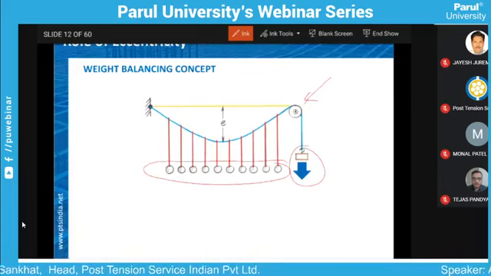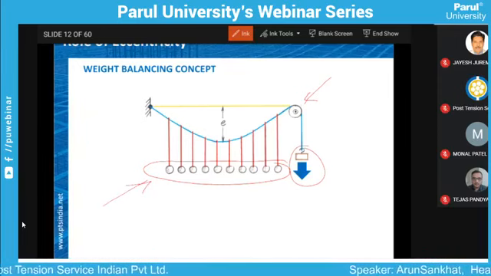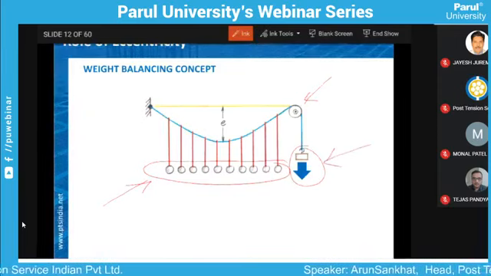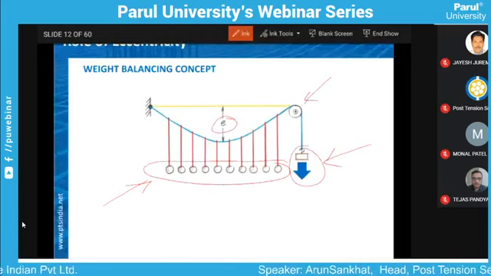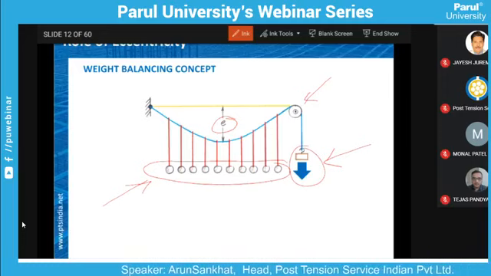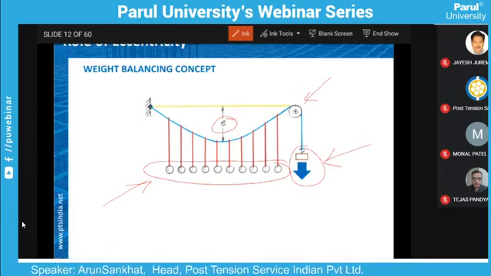So for a particular weight, for a particular counterweight, there will be a particular sag, or a particular eccentricity for a particular case, right? So the system will be in equilibrium with certain eccentricity, certain weight, and certain counterbalancing force.